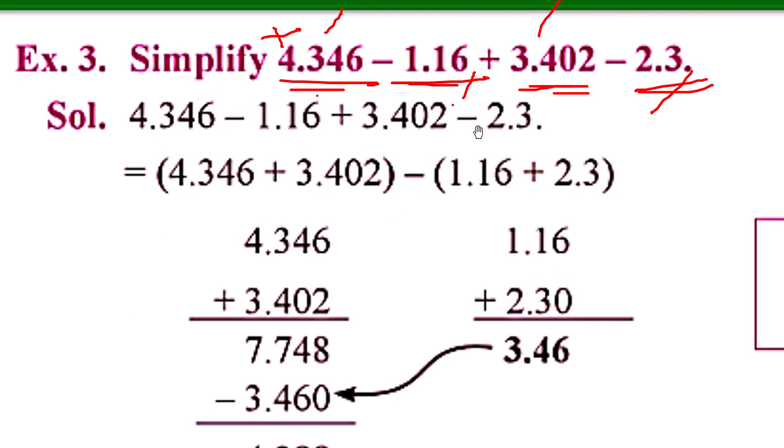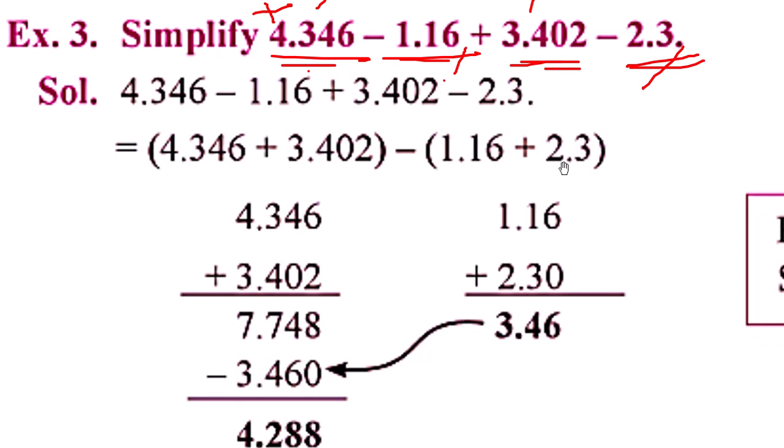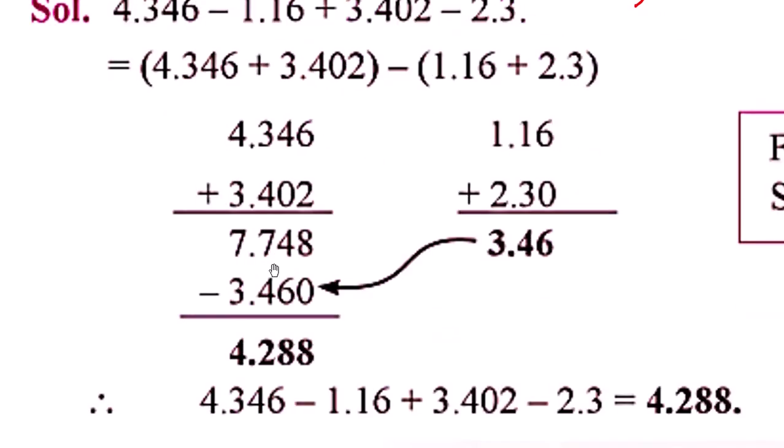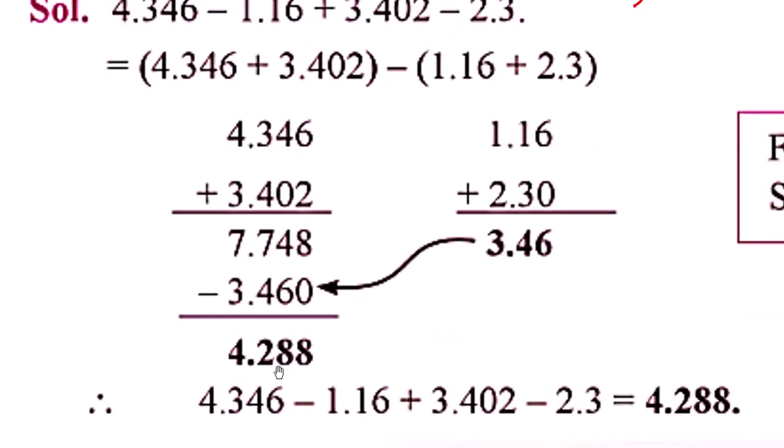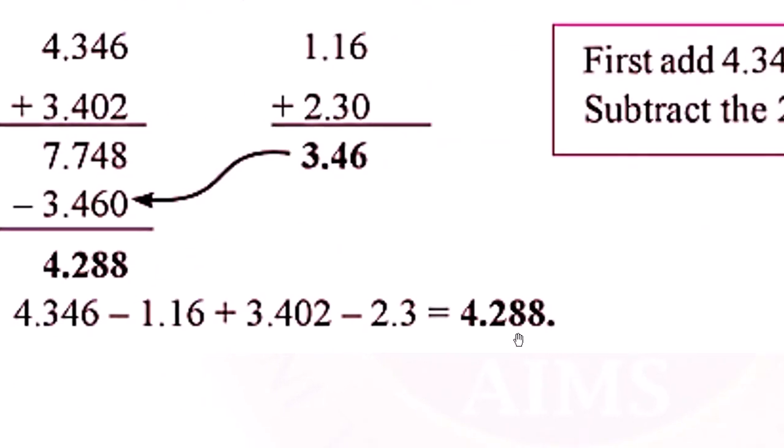Both the negative decimal numbers, we will take minus as common, both will become plus, and we will keep them inside a bracket as another group. This group to be added first, next this group to be added, first group minus second group. Now we have to do minus. So then we will get the answer.